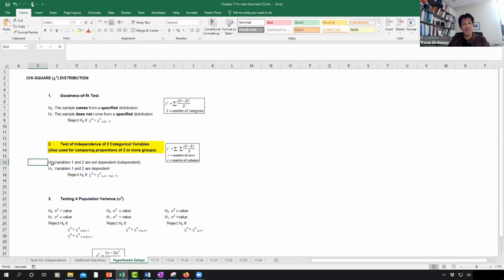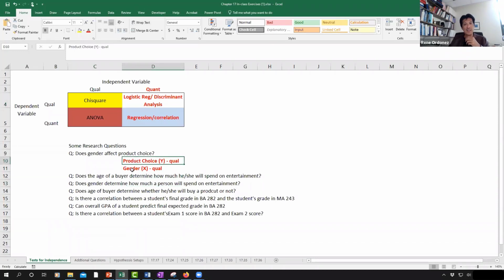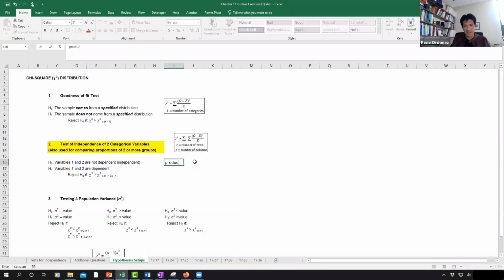This is a generic statement, so when you set up the hypothesis, you would replace variable 1 with the actual variable. In this example, we will say that product choice and gender are independent.